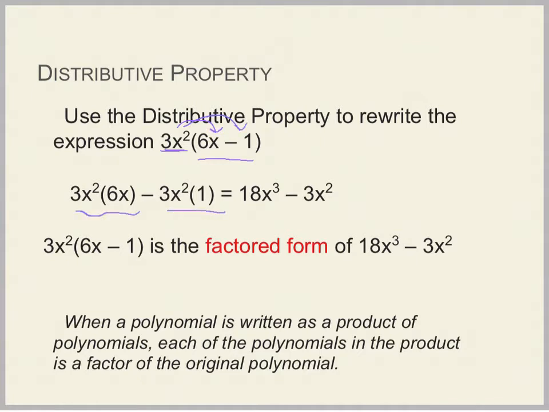This then leaves us with a simplified form of 18x cubed minus 3x squared. However, we consider 3x squared times the quantity 6x minus 1 to be the factored form. And that's what we'll be working on, is always looking now for the factored form of a polynomial.